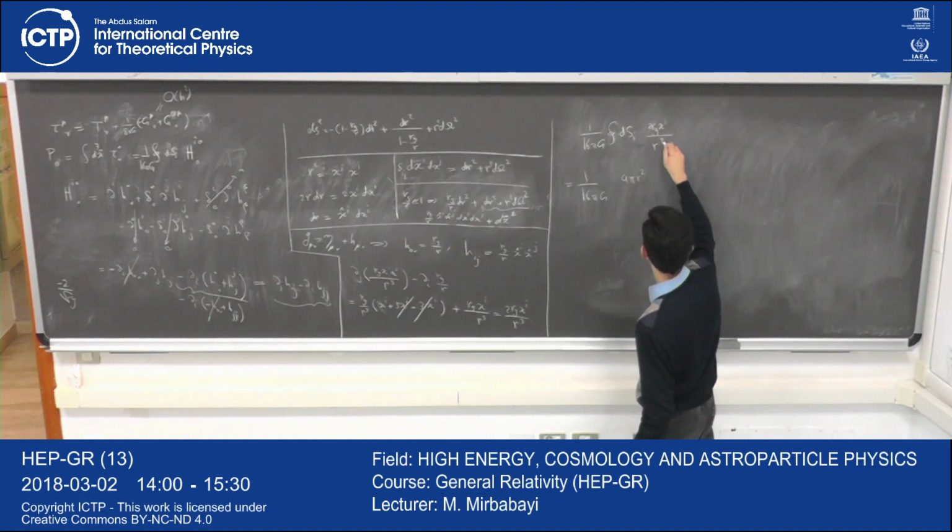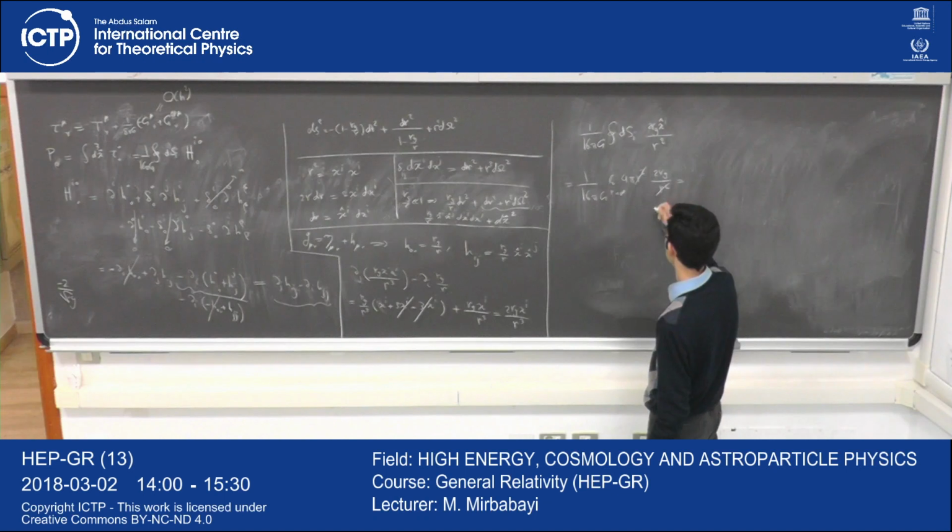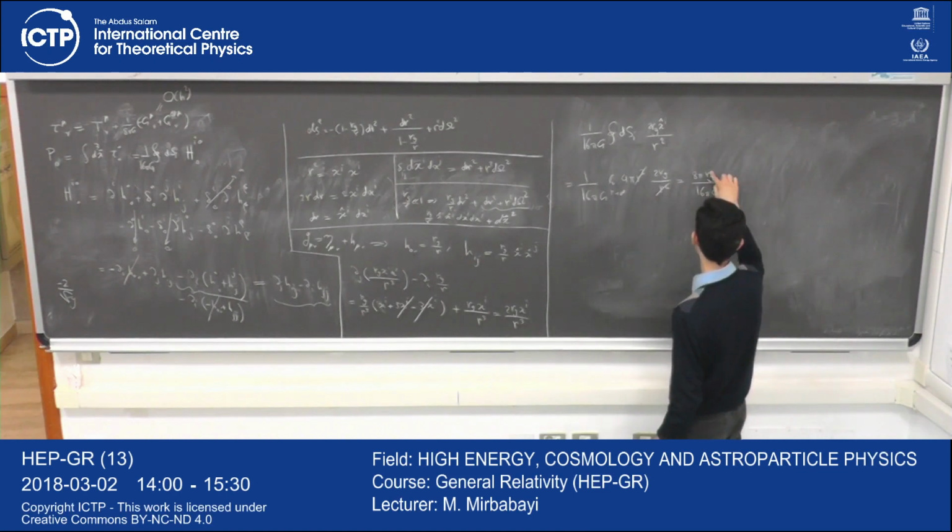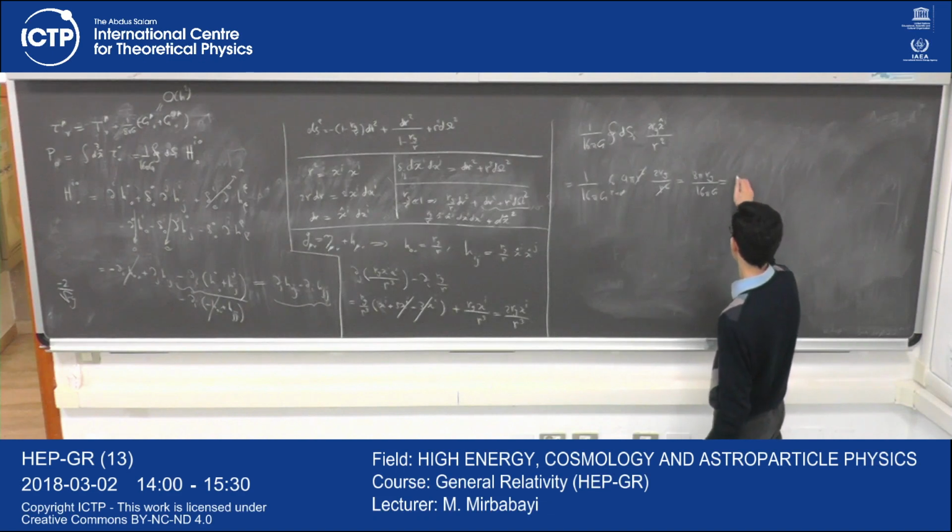If you like, I can write the r squared and put x hat here. In the limit that r goes to infinity, these r squares cancel. I get 8 pi r_G divided by 16 pi G, and this is just M.